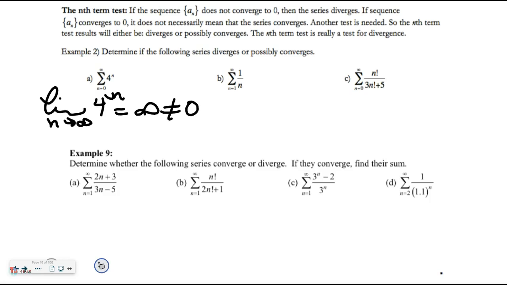So then you'd say, therefore, I'm just going to call this S, if you don't mind, so I don't have to keep rewriting it. S diverges, and you would say by the nth term test. I honestly like to call it the nth term test for divergence so that Lucy doesn't accidentally conclude something else. Maybe it's actually called the nth term test, but I like nth term test for divergence.